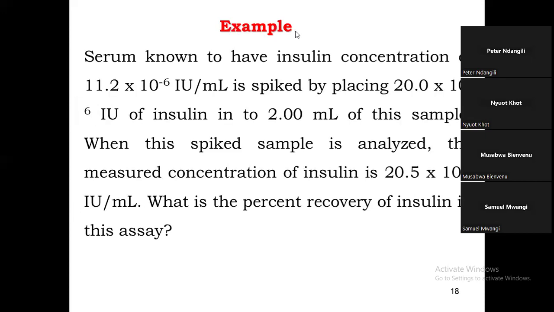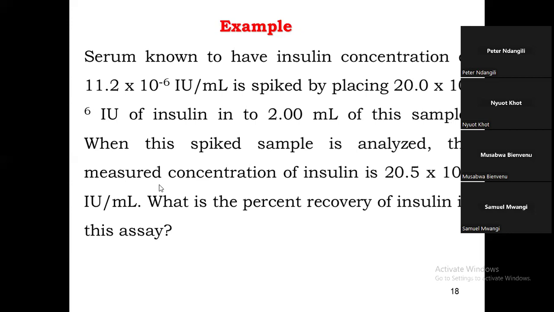Now we have a question here to illustrate how you can do that. The question is, a serum known to have an insulin concentration of 11.2 times 10 to the power negative 6 international units per milliliter is spiked by placing 20.0 times 10 to the power negative 6 international units of insulin into a 2 milliliter volume sample.